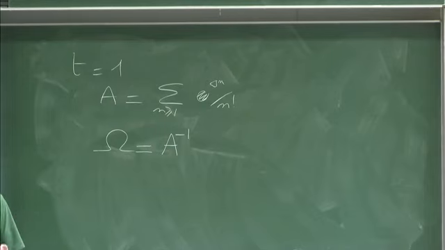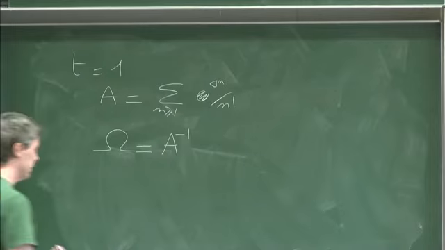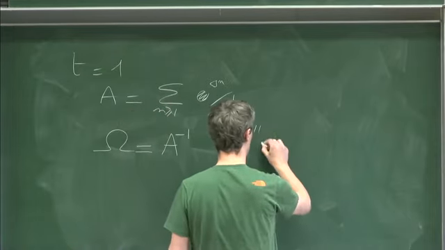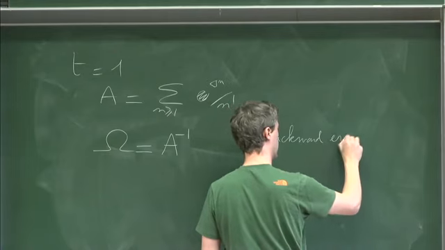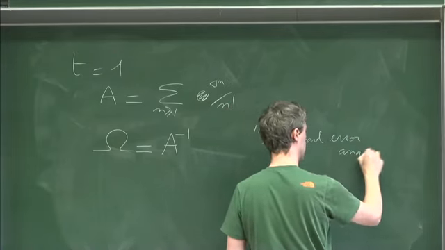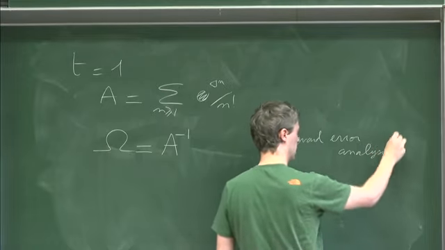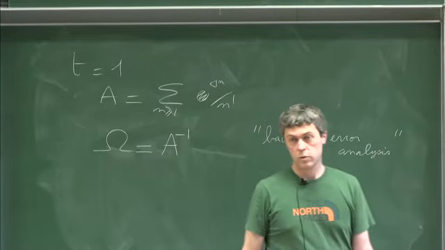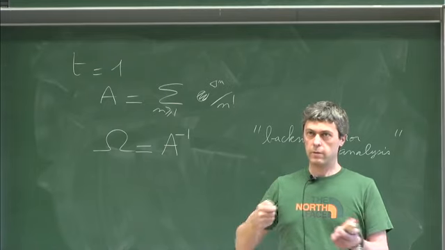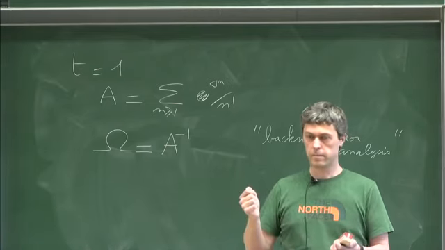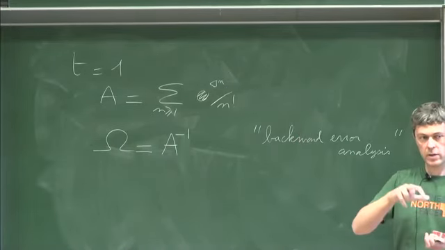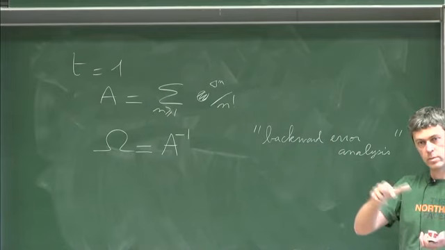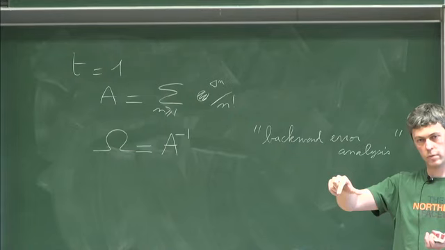This is also something which is used by people in numerical analysis. They call that backward error analysis. What they do is they have a vector field and its flow, and they have an approximate method which gives an approximate solution to the flow.